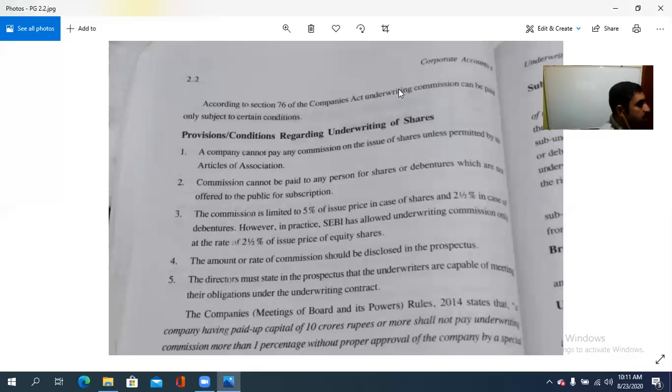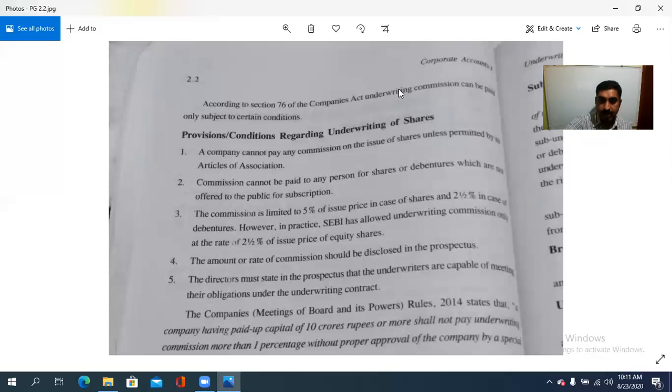If an agreement is entered into, the underwriter must do their job, and that is also stated. So the directors must state in the prospectus that underwriters are capable of meeting their obligation, their duty and responsibility. It is to be mentioned by the directors in the prospectus before entering the underwriting agreement or contract.